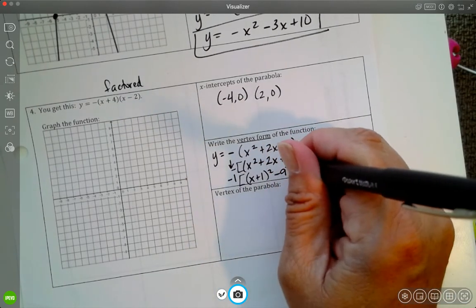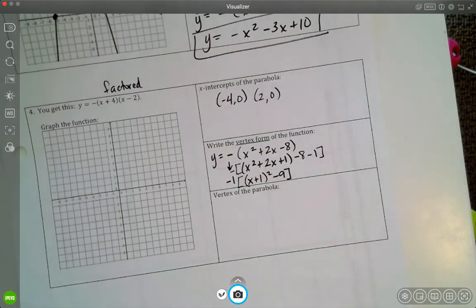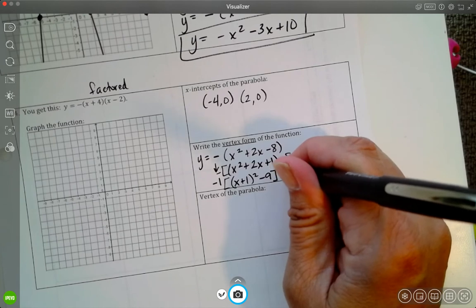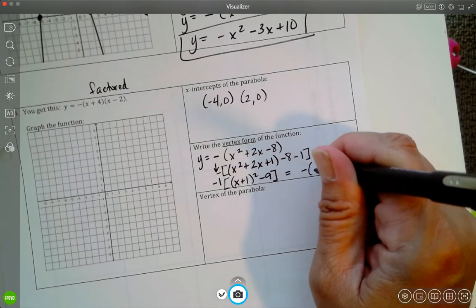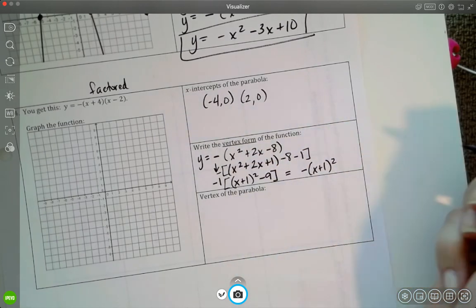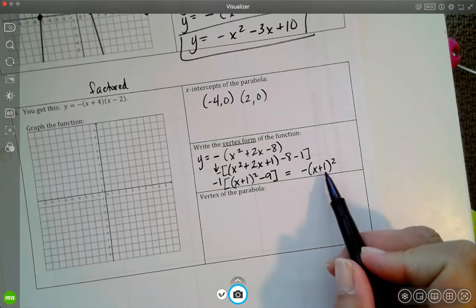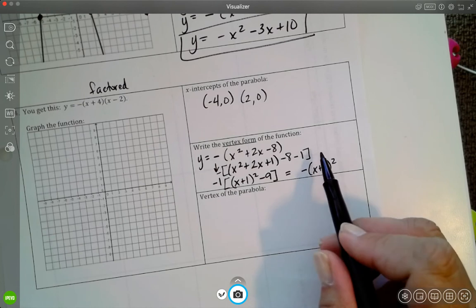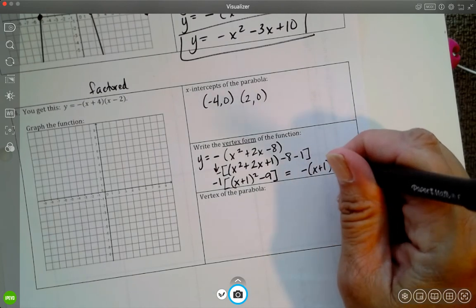Okay, but now I need to include this -1 because I'm in my last step. So I have negative quantity x plus 1 squared. Remember, don't distribute to this. You want this because remember, you want vertex form. And then -1 times -9 is plus 9.